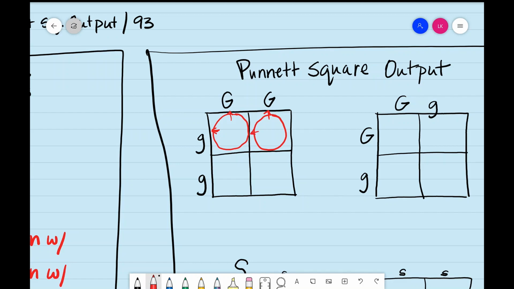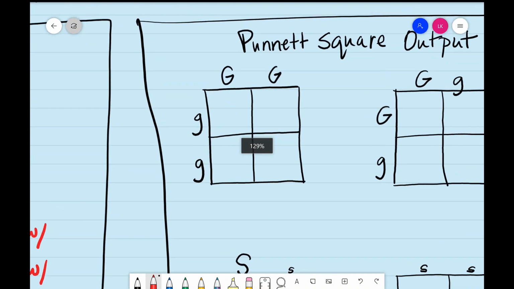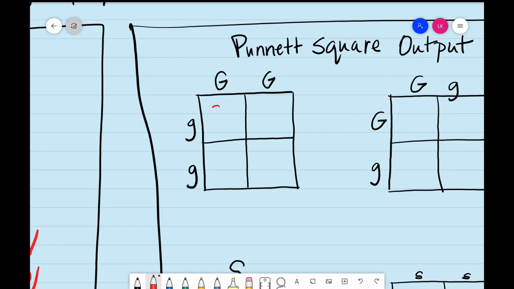Now, for the one from the side here, you have to go all the way over to the left. Same for each one of these. I'm going to clear those, but once you get the hang of it, you'll realize it's pretty straightforward. So this one, capital G, lowercase g, always put the capital letter first.